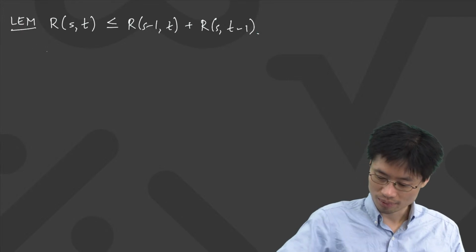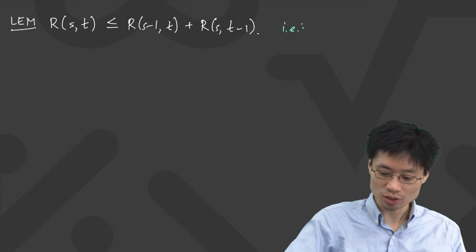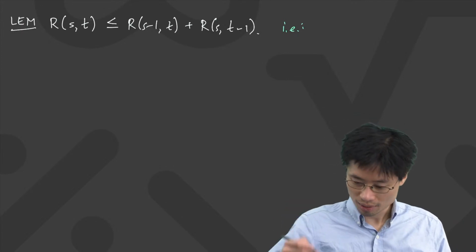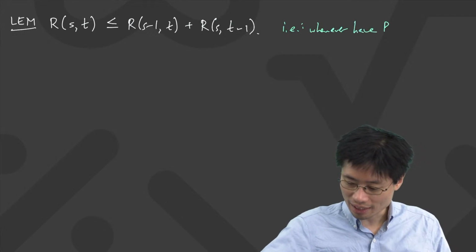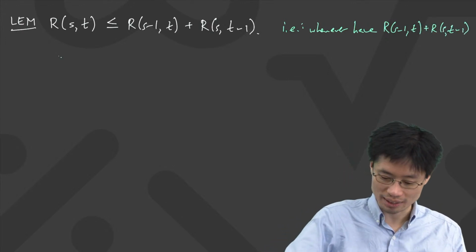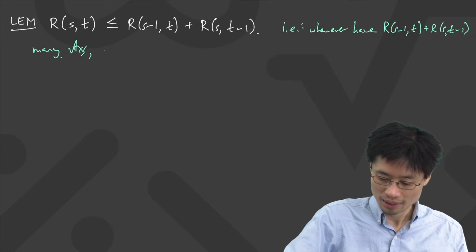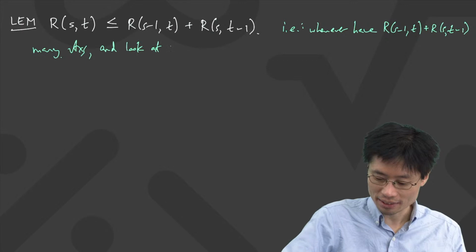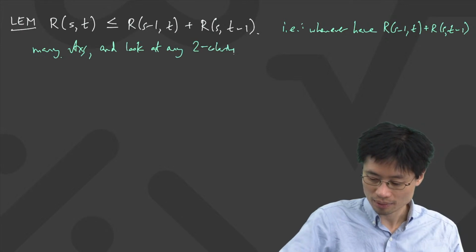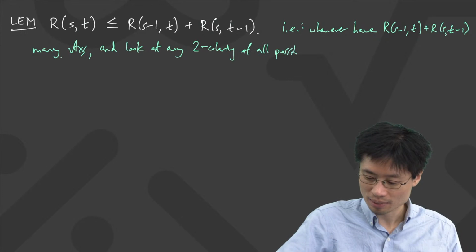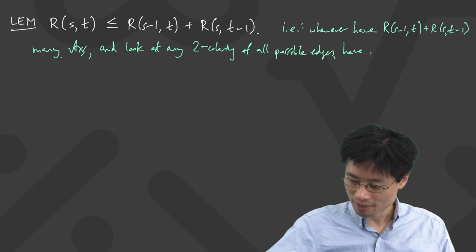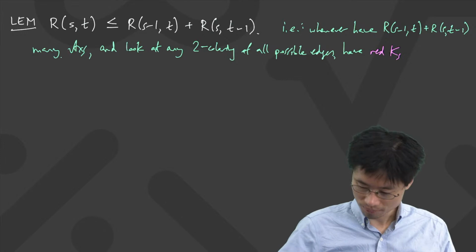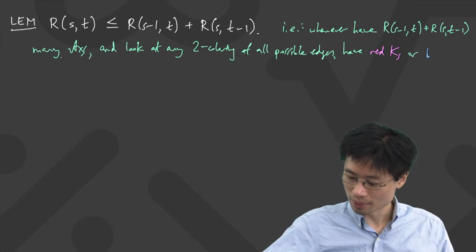I.e., what does it actually mean? It means that whenever you have the right-hand side, R(S minus 1, T) plus R(S, T minus 1), that many vertices, and you look at any 2-coloring of all possible edges, you have a red K_S or a blue K_T.